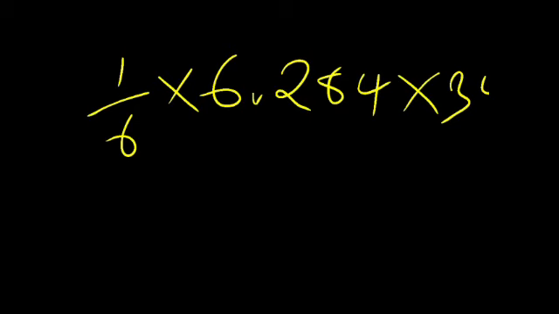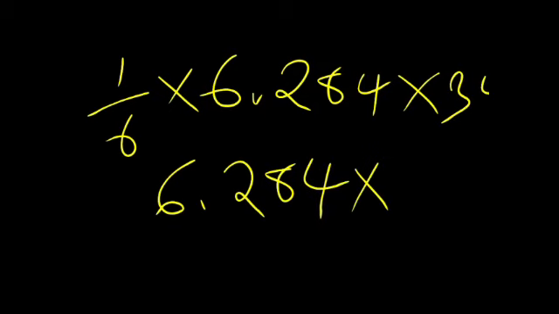So we are going to punch this on the calculator. Okay, let's punch. So we're going to have 6.284 times 3,437 over 6.